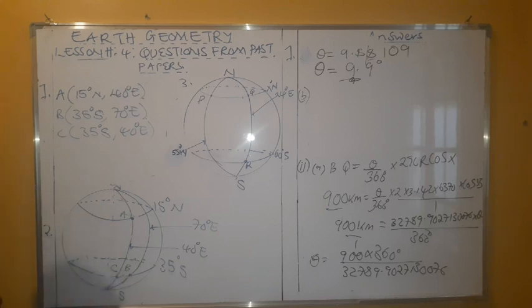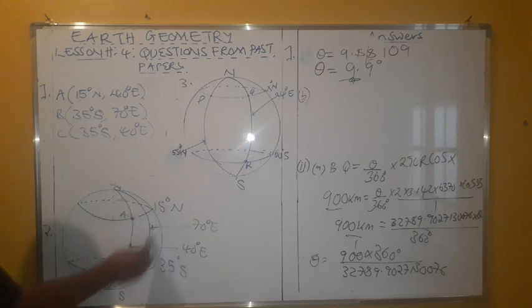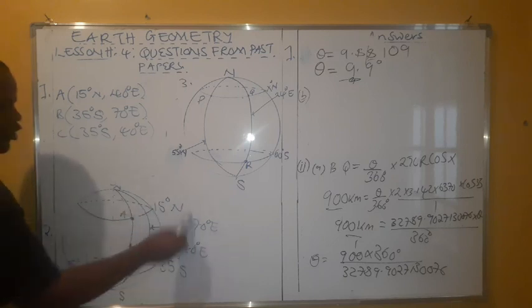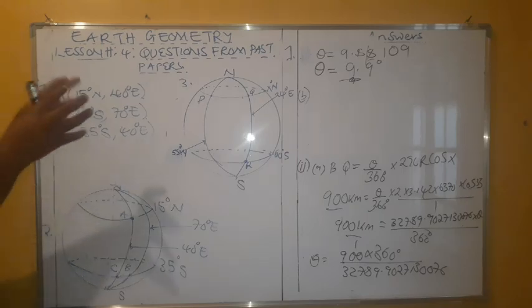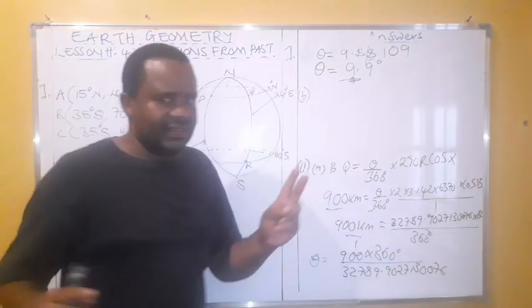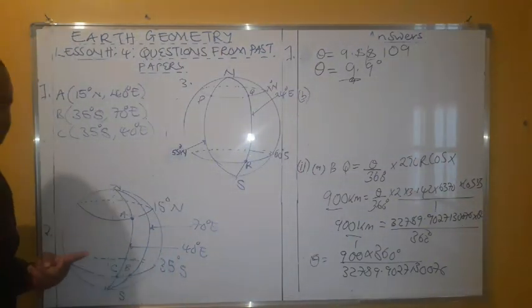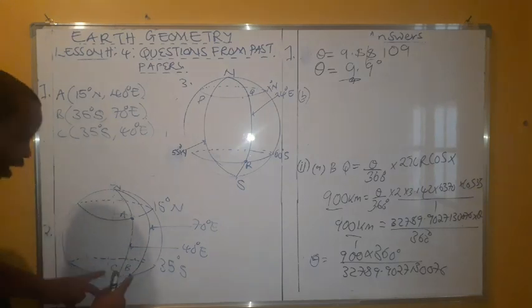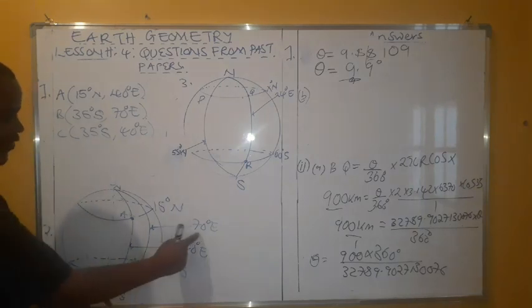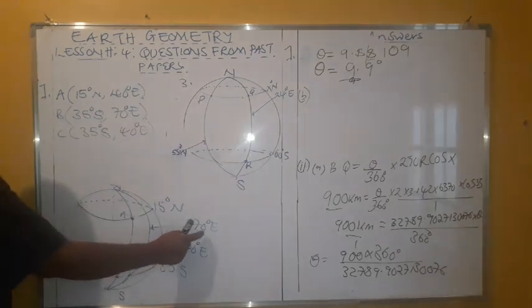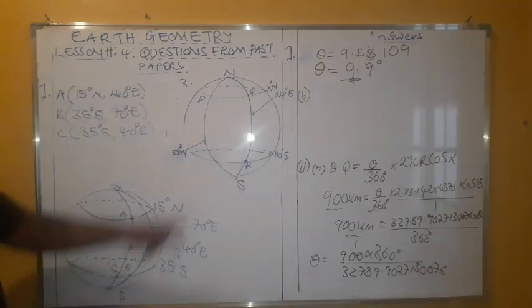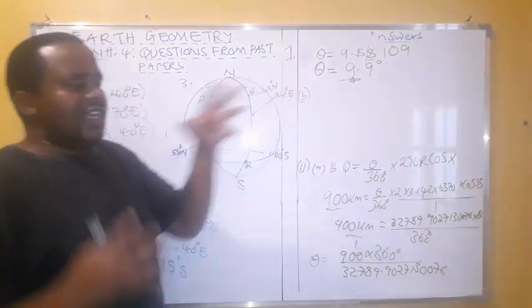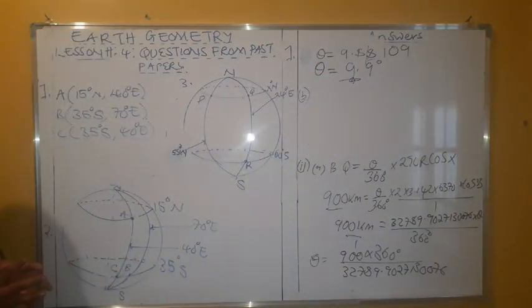Now, what you need to look at is the longitude for B. The longitude is what? 70 degrees. Now, for us to find the difference in longitudes, there are 2 ways. You either add or subtract. If we were to add here, then the difference in longitude should have been greater than this. So for us to get this, it means a subtraction was done.